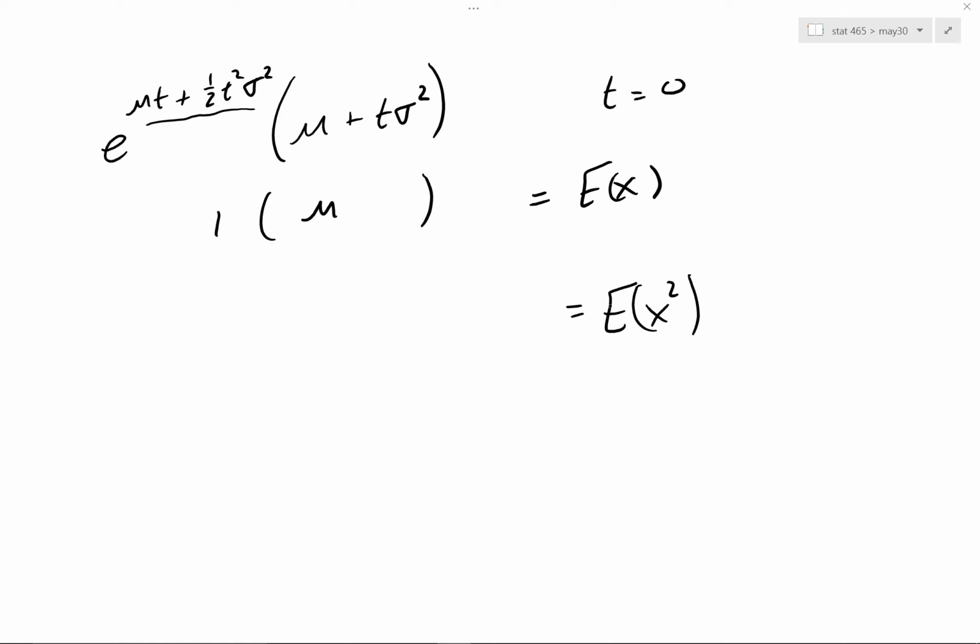So now I need the second derivative. So now it's a product rule. So the derivative of this first part is the whole thing. We just did that. So I'm just going to rewrite that.